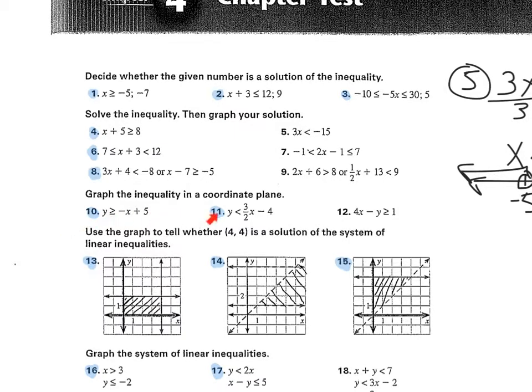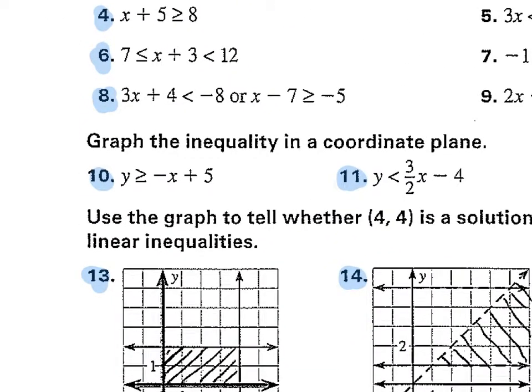We're going to do 10 and 11. You want to graph these on a coordinate plane. They need to be in slope-intercept form, y equals mx plus b, which, lucky for you, they already are. All right, just please remember that that's a -1 or -1 over 1 in front of that x.